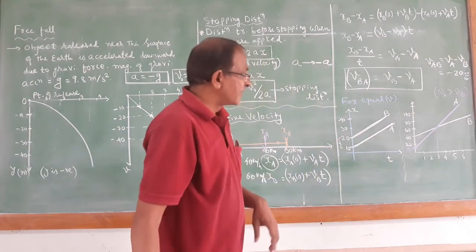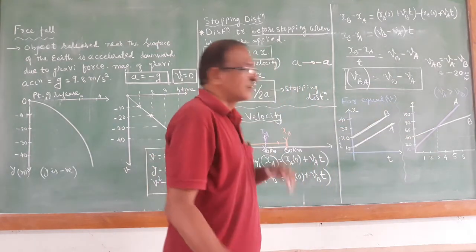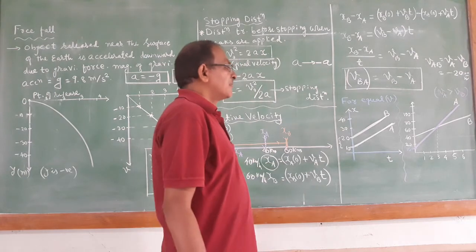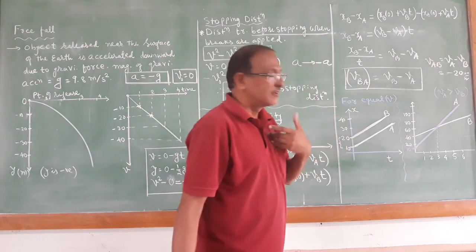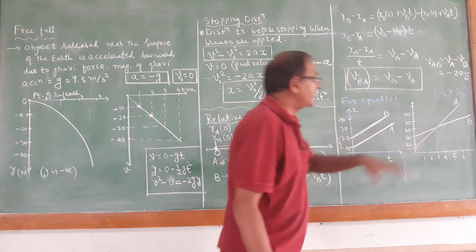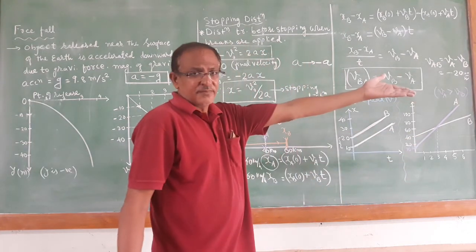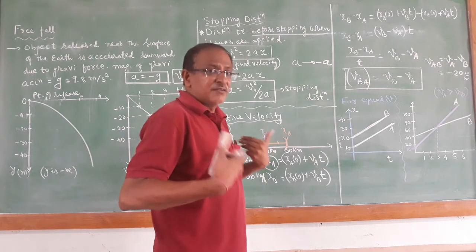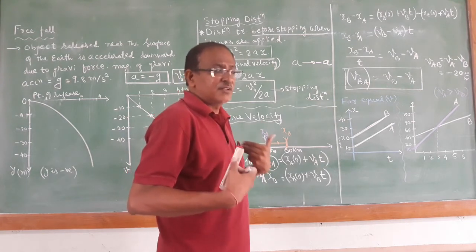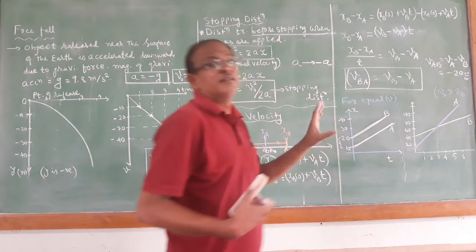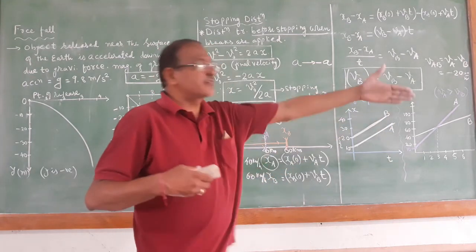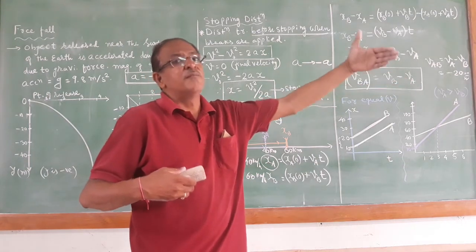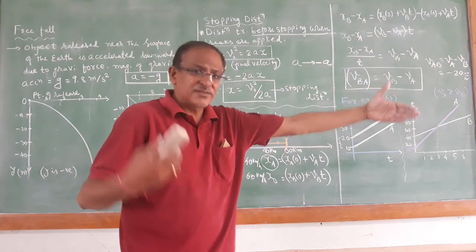Another example: I am here, my friend is ahead. Say A is me, A is behind, B is in front. My value of velocity is more than the other person. Then what will happen? I will overtake B after some time.